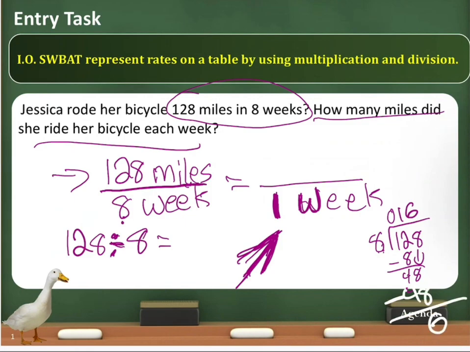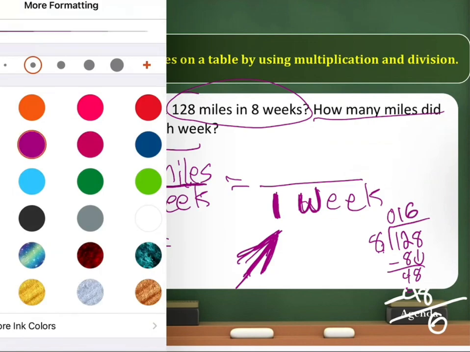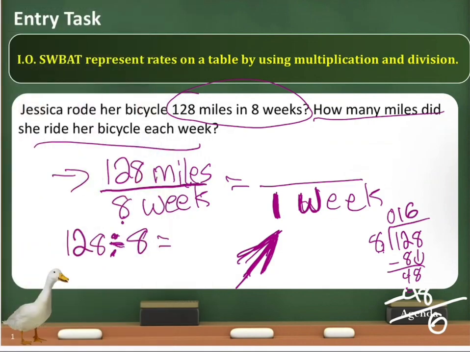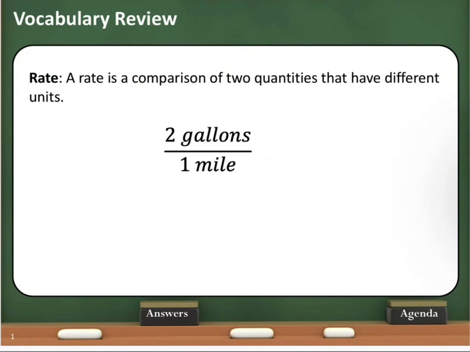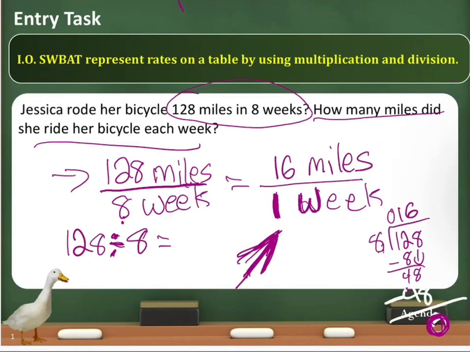And all right, so our answer is 16 miles. 16 miles in 1 week. Okay, and that's a 0. There. Oopsie. All right. Sorry about that.